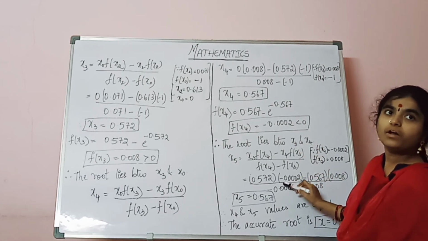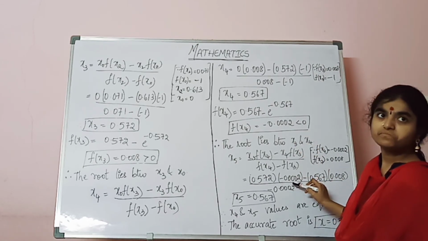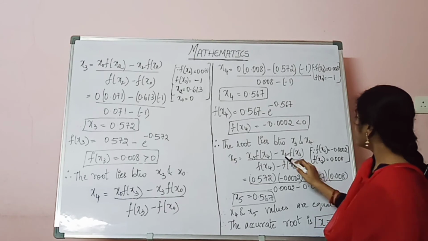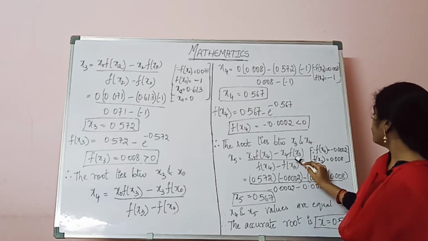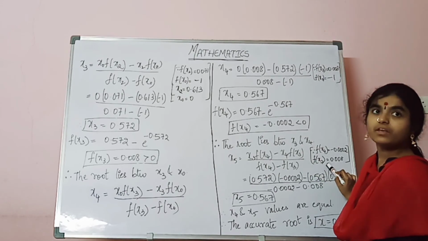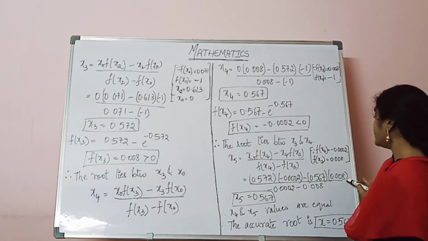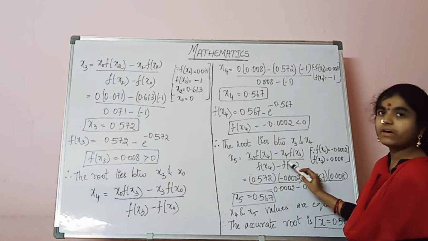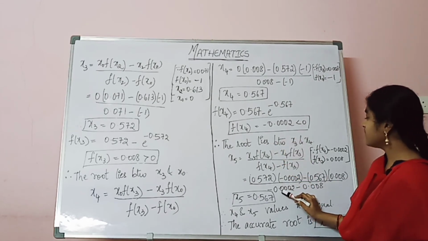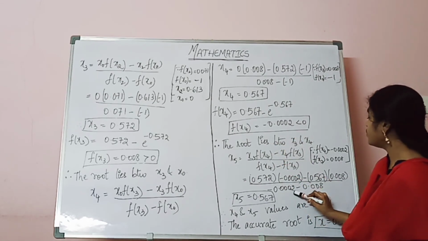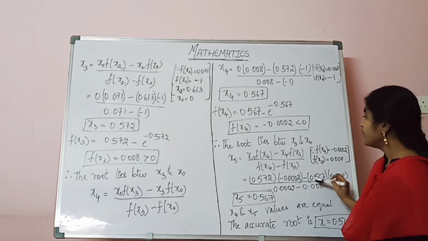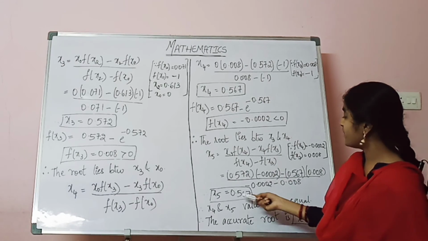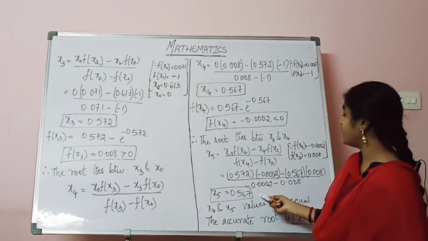Minus 0.002, minus what is x4 here? 0.567 into f of x3. What is the value of f of x3? 0.008, divided by f of x4, minus 0.002, minus f of x3, 0.008. After calculating, we got the x5 value as 0.567.